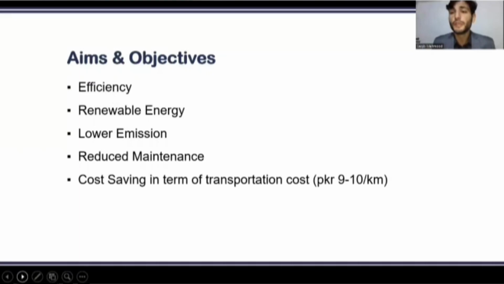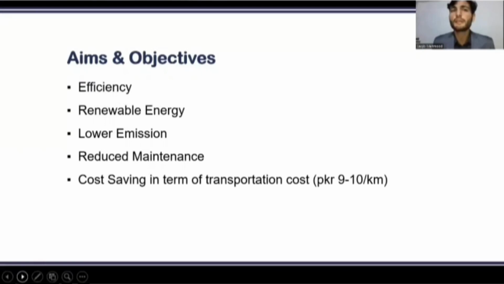If we use BLDC as a drive unit in the light electric vehicle, as discussed earlier, it does not have any brushes and commutators, so the maintenance is reduced. And if we use EVs instead of vehicles that use internal combustion engines, we can save on transportation or running cost.